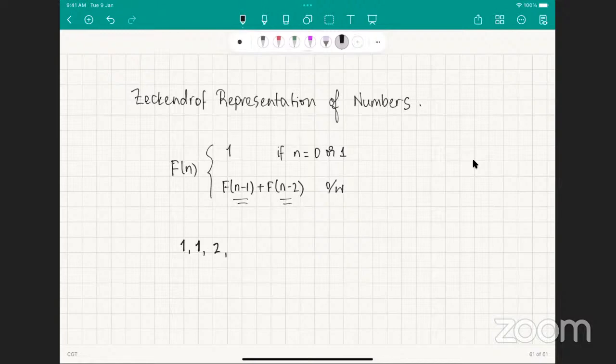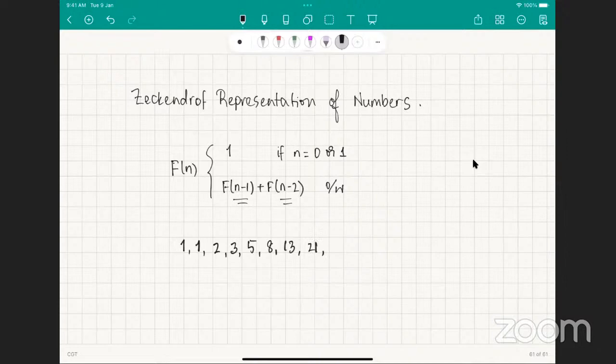What is f of 3? Well, again, you plug it in here. So f of 3 is f of 2 plus f of 1, which is this plus this. So that's a 3. And it's really the same pattern. So you keep adding the last two numbers that you wrote down to get the next one. So you get 5, 8, 13, 21, and so on.